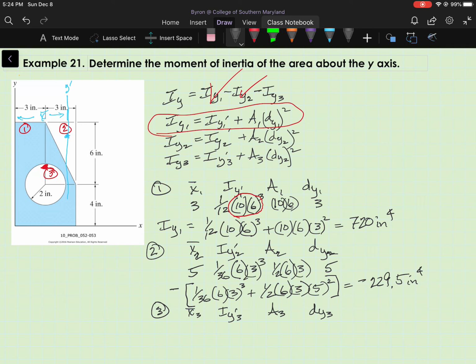Okay, so x bar of the circle is pretty easy. It's 3. The moment of inertia of a circle about a vertical axis going through its centroid is 1/4 pi r to the fourth, where r here is 2 inches.